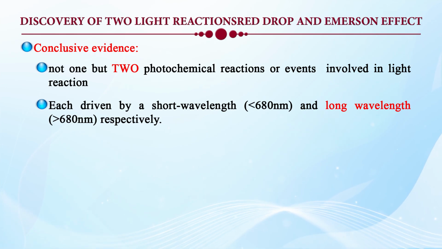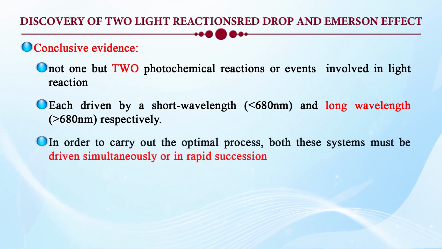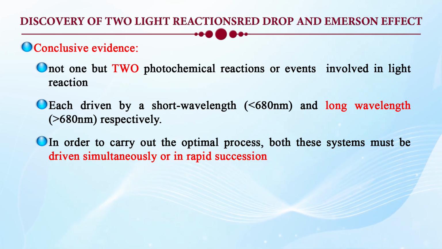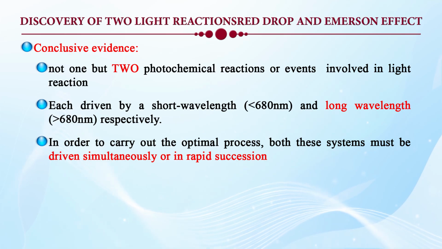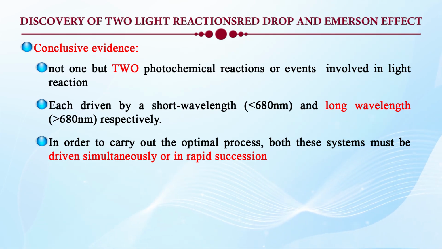So, this was a conclusive evidence, but then if the process of light reaction has to continue, it is absolutely imperative that these two systems need to be driven together, that is simultaneously or at least in very, very rapid succession.